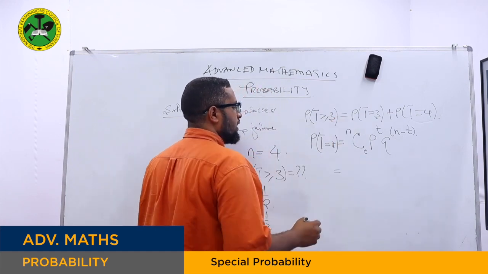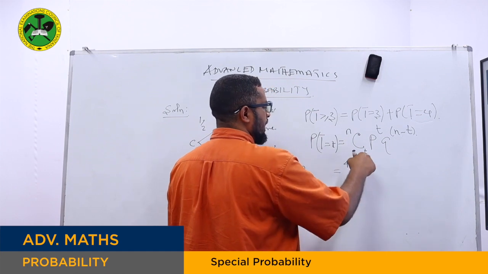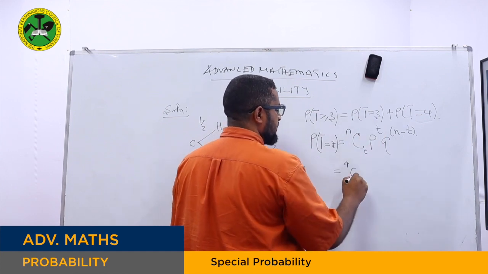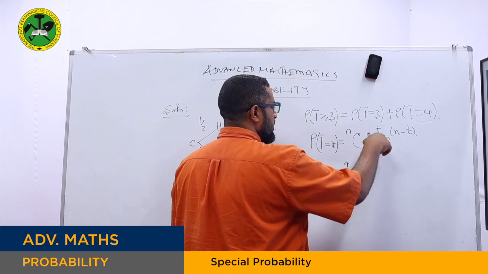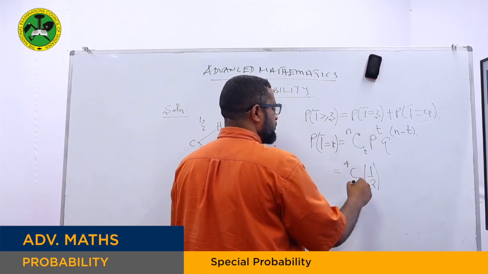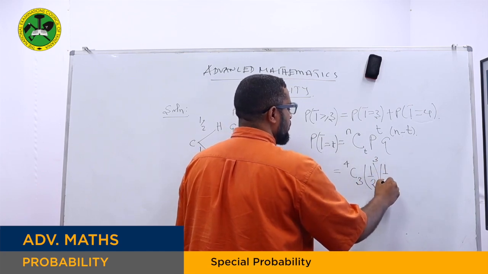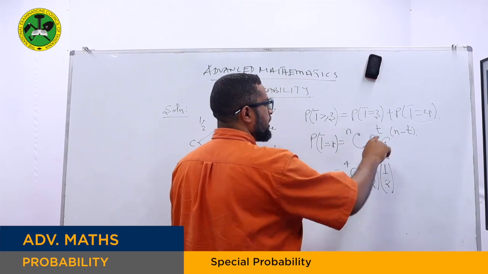Now it's time to plug in. So our n is 4, so it is 4 combination. Our first t is 3, so writing 3. P is 1 over 2, raised to t, our t is 3. Again, q is 1 over 2, raised to n minus t.